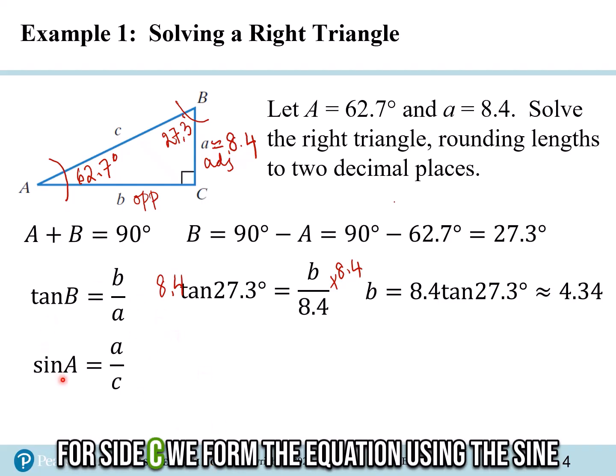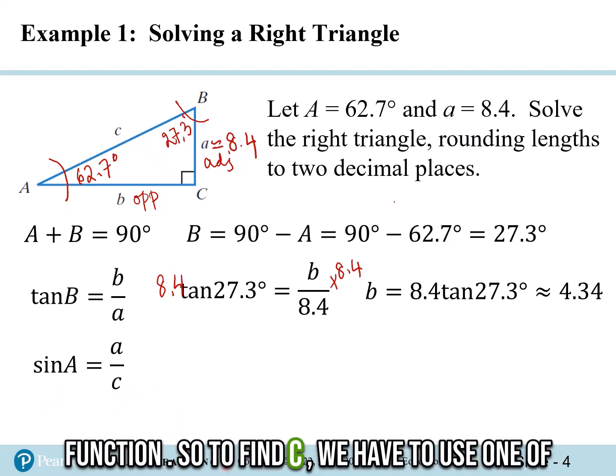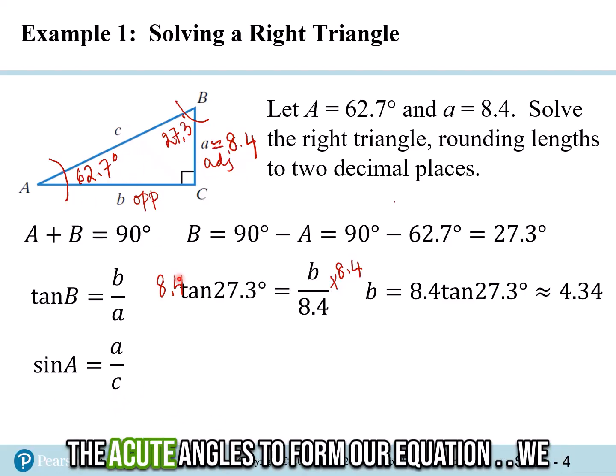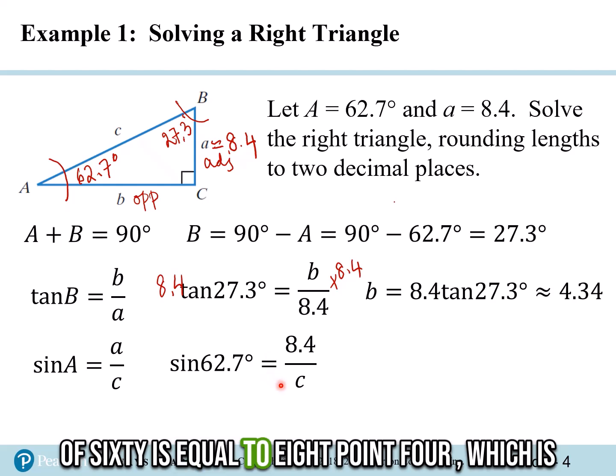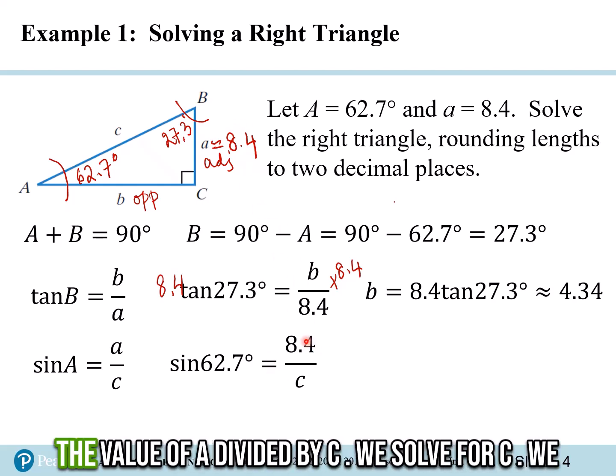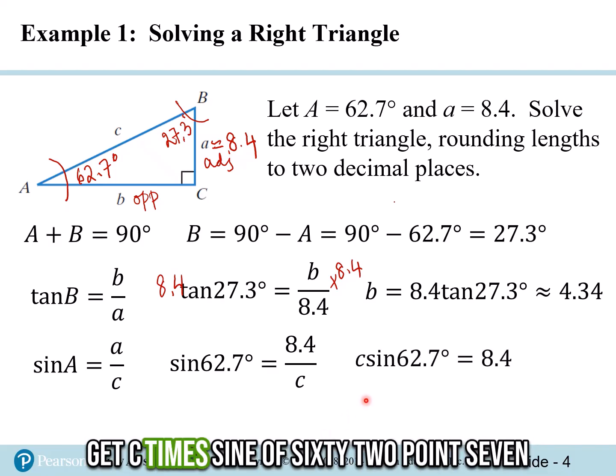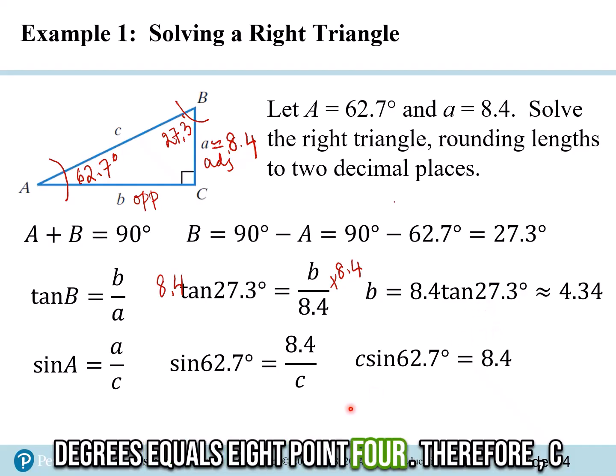For side C, we form the equation using the sine function. To find C, we have to use one of the acute angles to form our equation. We know the measure of angle A, therefore sine of 62.7 degrees is equal to 8.4, which is the value of A, divided by C. We solve for C. We get C times sine of 62.7 degrees equals 8.4.